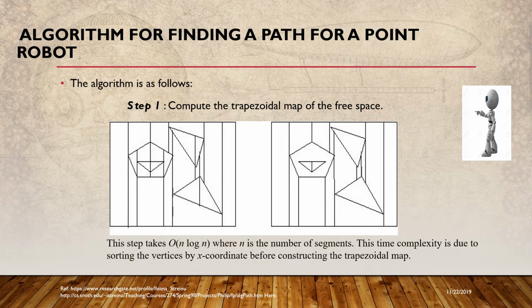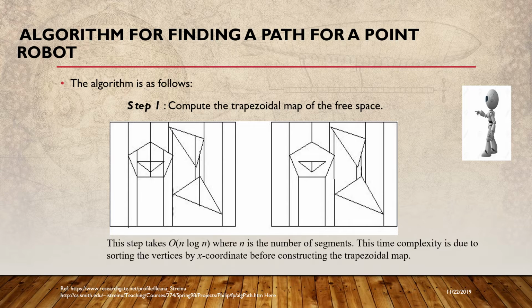This step takes big O of n log n time, where n is the number of segments. This time complexity is due to sorting the vertices by x coordinate before constructing the trapezoidal map. So this is the first step: we compute the trapezoidal map of the free space.